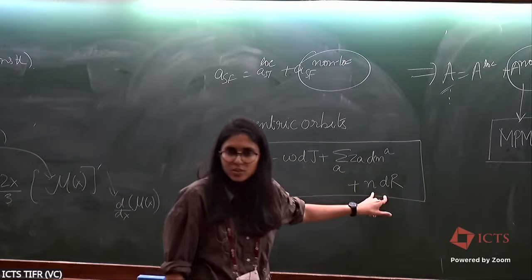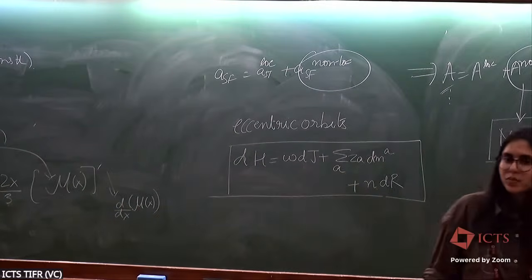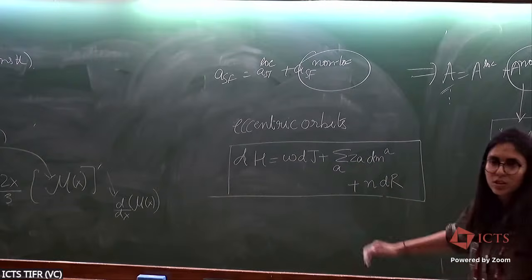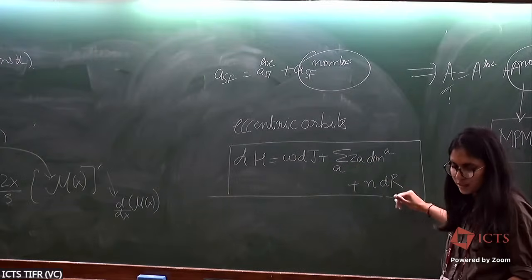And this radial potential is nothing but PR. And we said for circular orbits, PR is 0, so this didn't contribute. But now for eccentric orbits, this would contribute.